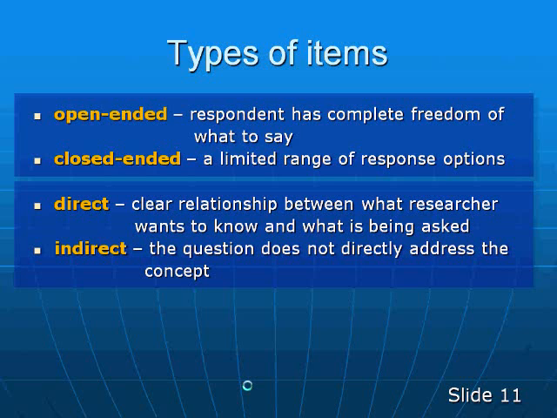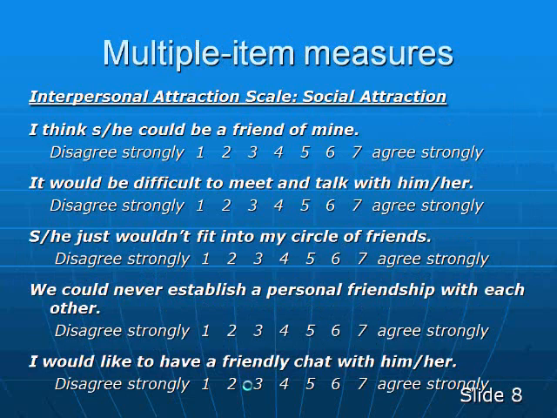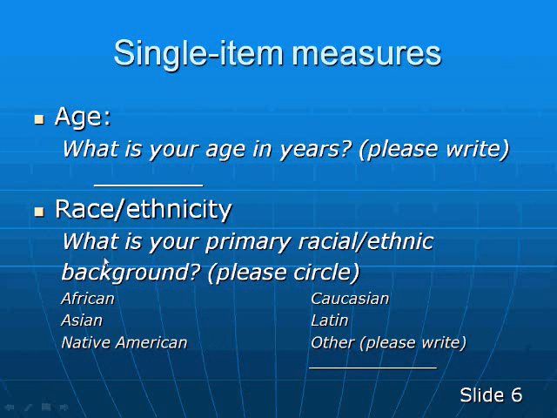Another distinction is whether the items are direct or indirect. Direct items show a clear relationship between what the researcher wants to know and what is being asked. For example, when we go back a little bit, these two are perfect examples of direct items. It is very clear to the participant what I want to know.